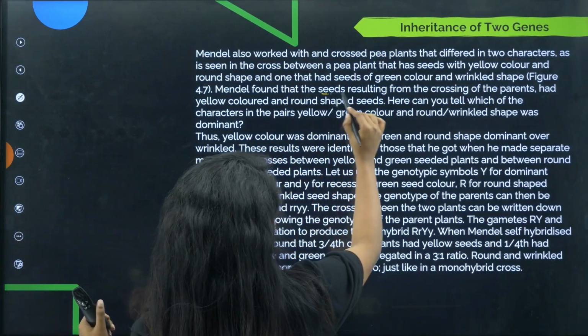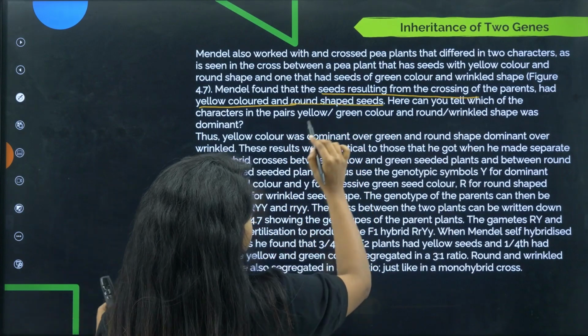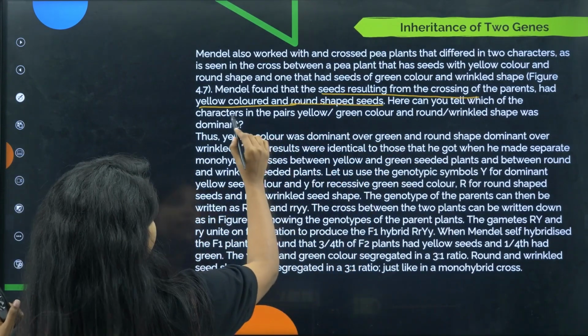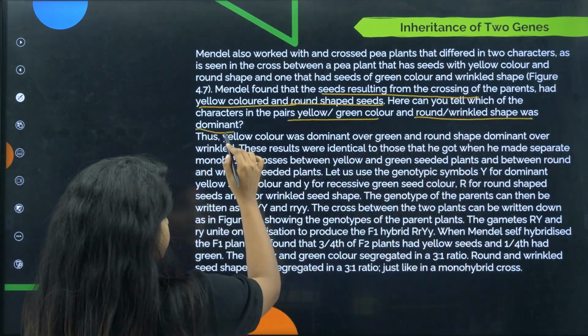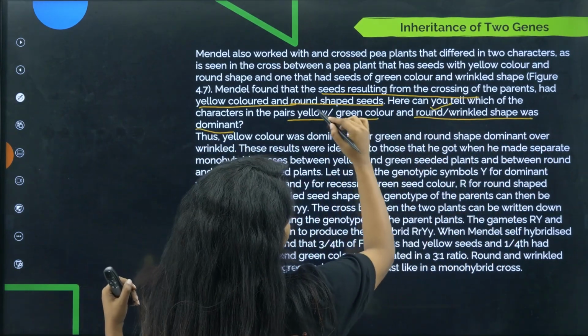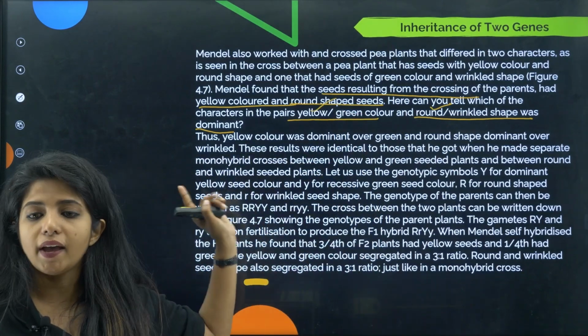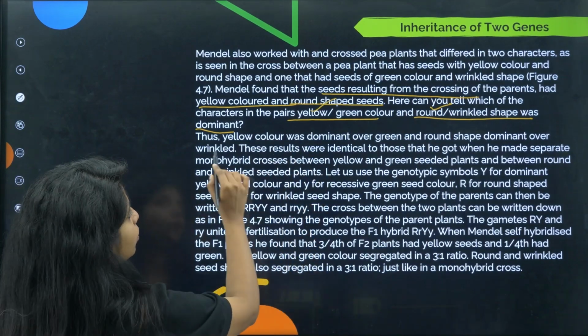Mendel found that the seeds resulting from the crossing of the parents had yellow colored and round shaped seeds. So, round and yellow was the dominant trait. Here, can you tell which character in each pair, yellow or green and round or wrinkled shape, was dominant? So, you know round was dominant and yellow was dominant because all the progeny in the F1 generation were round and yellow. Thus, yellow was dominant over green and round shape dominant over wrinkled.